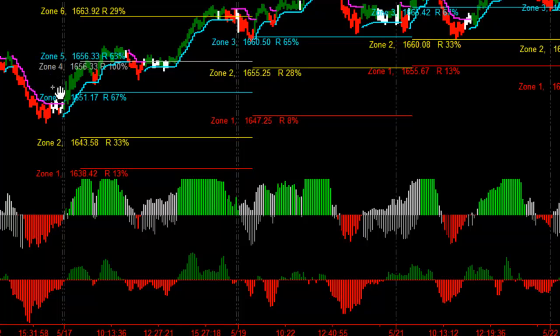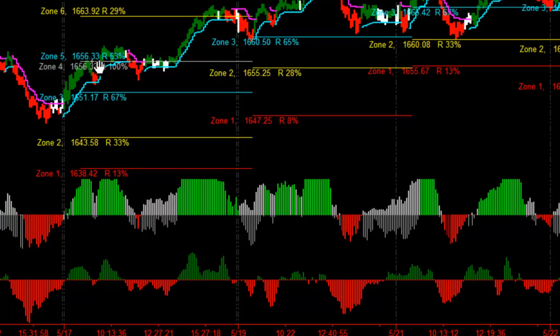So as I look at this at the beginning of the day, I'm seeing that the area that the market is likely to be in is below this 29% zone and above this 33% zone, and probably mostly trading in this 63-67% area.